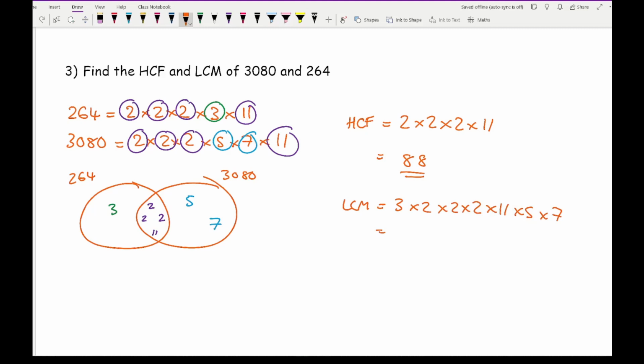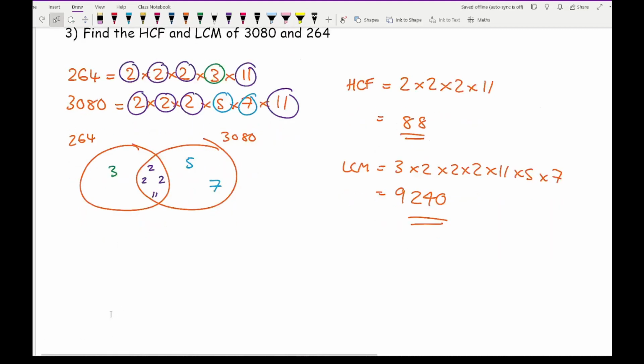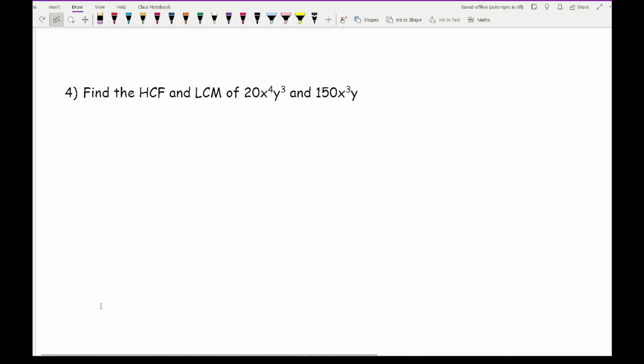And if I type that in, I get 9240. Now, if you're ever unsure about the method and you forget, your highest common factor will always be the smaller number. The lowest common multiple will always be the bigger of the two numbers. So now let's move on to an algebraic one.